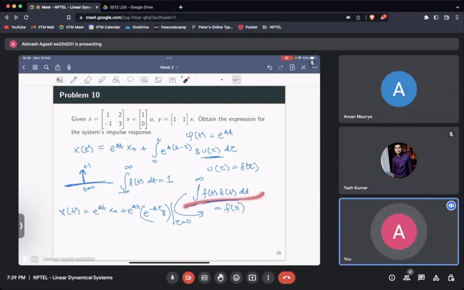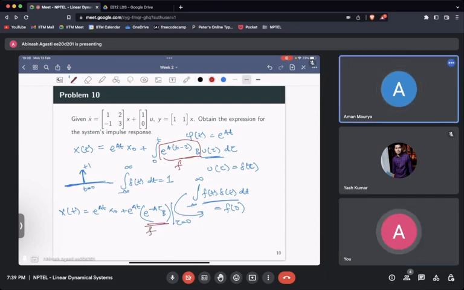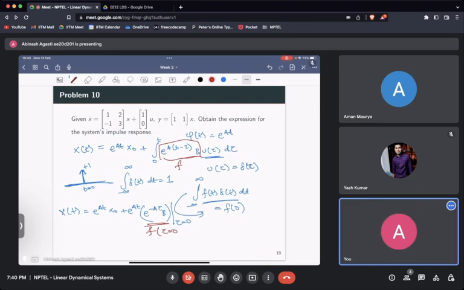So this entire integration is just f of 0, where f is this function and we take tau equal to 0. Is it clear?